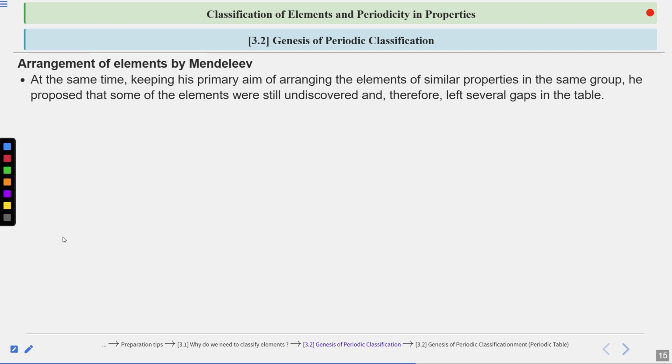He said that there would be a discovery of an element that will fit that gap. This is the first thing. The second thing he said was that he would be able to predict the chemical and physical properties of that undiscovered element based on the other elements present in that same line.